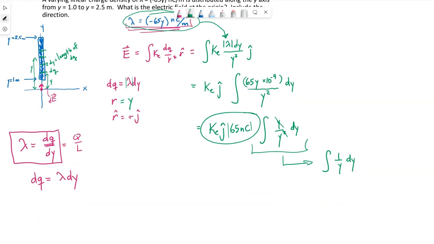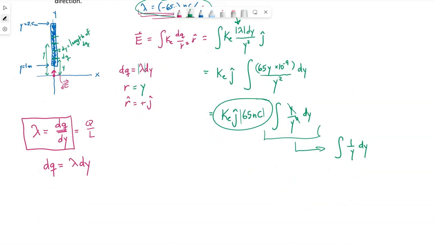Okay, let's scoot up a little bit. We do need limits of integration because we need to know where we're integrating. The integration is a summation, we're adding up, but where are we adding up? Where is this charge physically located?